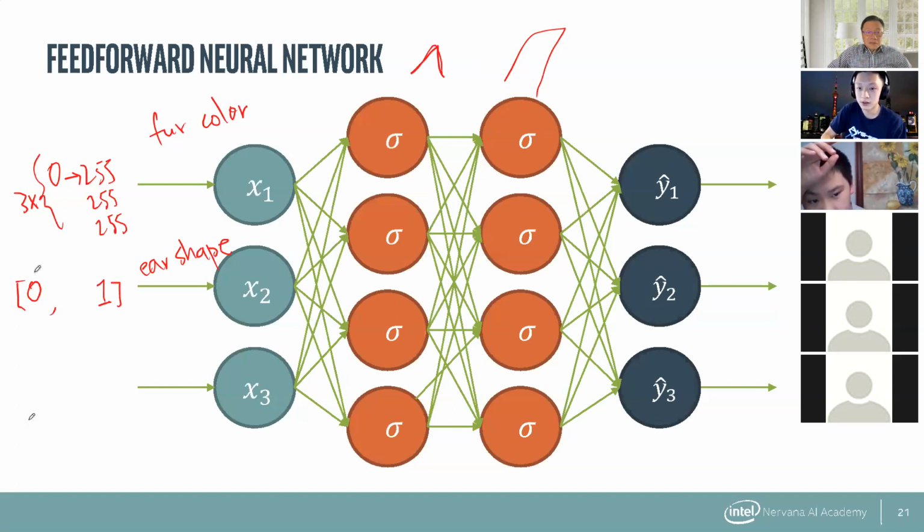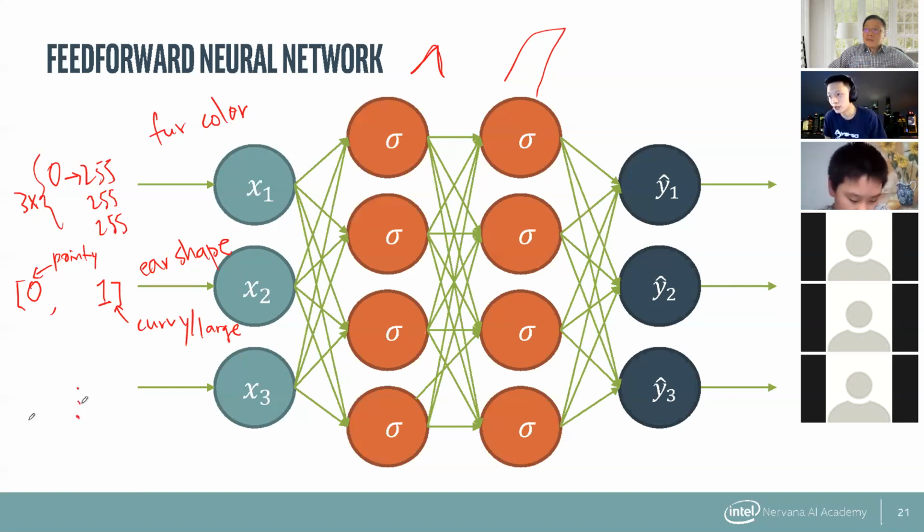If it's 0, it's pointy, and if it's 1, it's sort of curvy and large, et cetera, right? You guys get the point. There are all these different things that we could collectively use to determine whether something is a cat or a dog. So this is a really, really good idea.